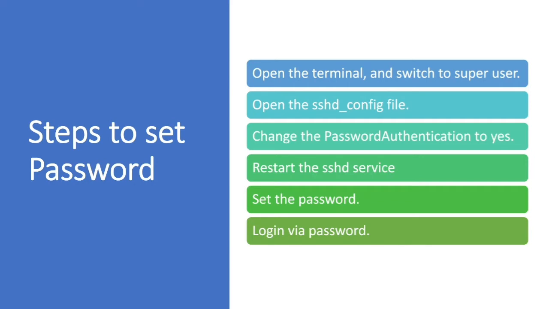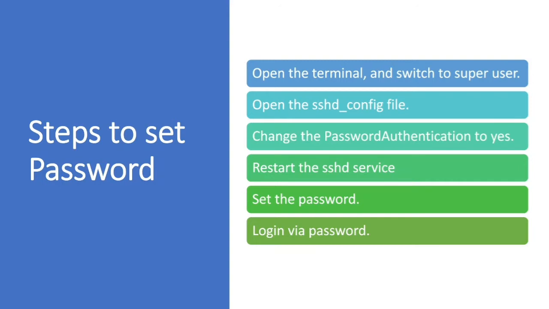Right. So let us first have a quick summary of the steps of setting a password. First of all, we will need to open up the terminal and switch ourselves to the super user. Then we will open the sshd_config file, and we will change the password authentication to yes, which is set to no by default, right?